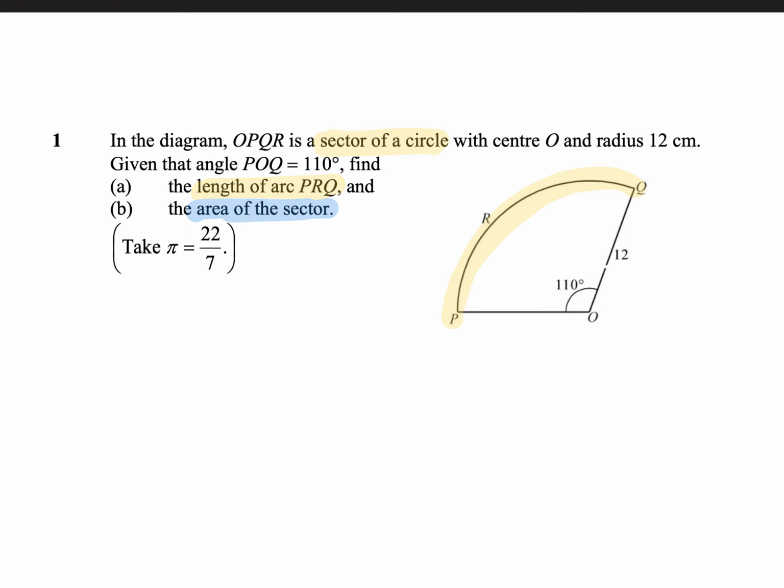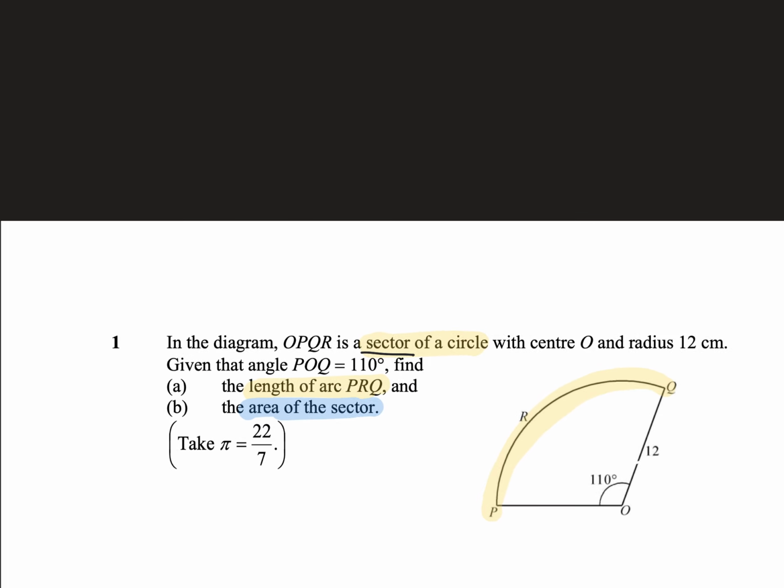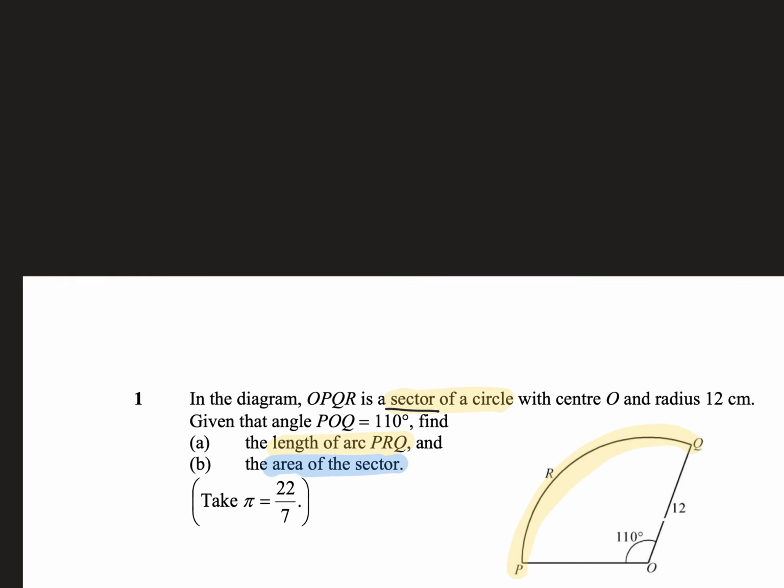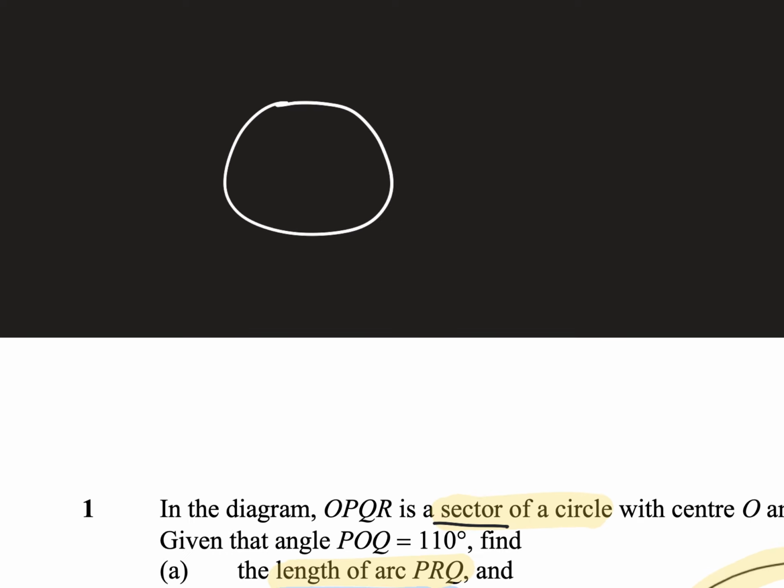Since it's the first question of this type, I'm going to just go through the main concepts. Number one, it says sector of circle, and so let's just analyze what a sector is. Let me do it up here. If I have a circle, let me draw a circle. What is a sector? A sector is basically if I cut it like I usually cut a pizza, from the center out.